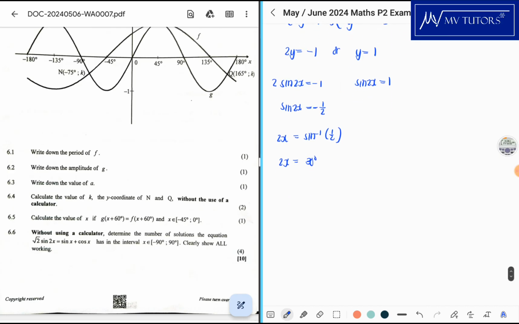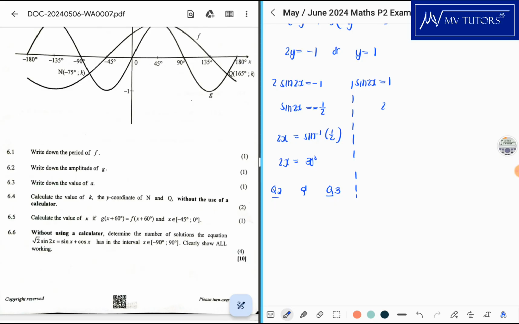Okay, so now that minus, what do we do with this minus? We are basically saying, where is sine negative? Sine is negative in quadrant 2 and also quadrant 3. Okay, let's leave that for now. And let's solve this. Sine 2x is equal to 1.